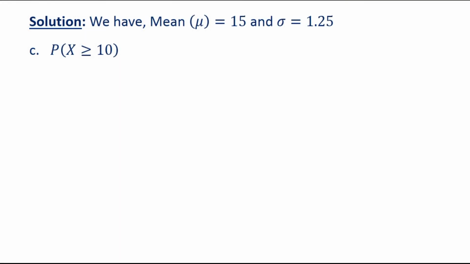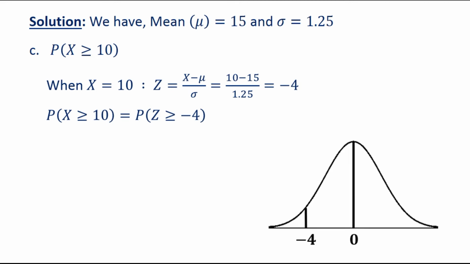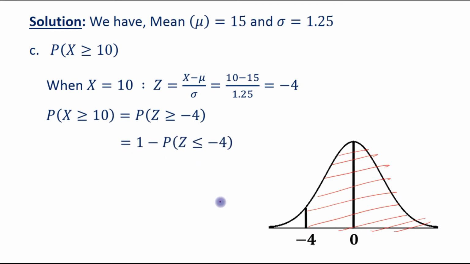Next part, probability that x is greater than and equals to 10. When x equals to 10, then Z equals to minus 4. We can write probability that x is greater than and equal to 10 equals to probability that Z is greater than and equals to minus 4. So basically we need to find this area. And this area can be found out as the total area, which is 1 minus area to the left of minus 4.